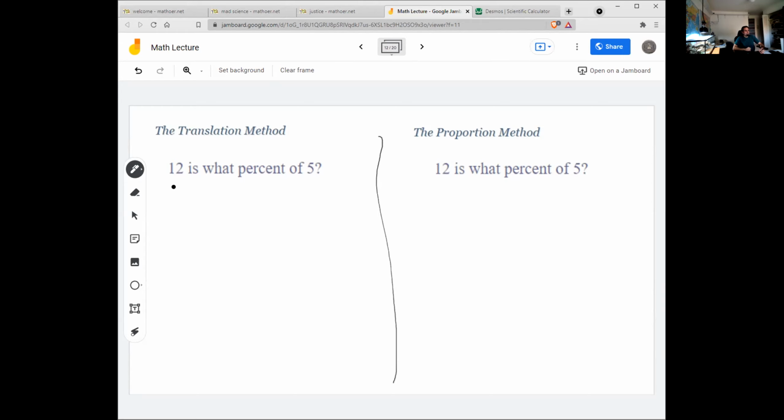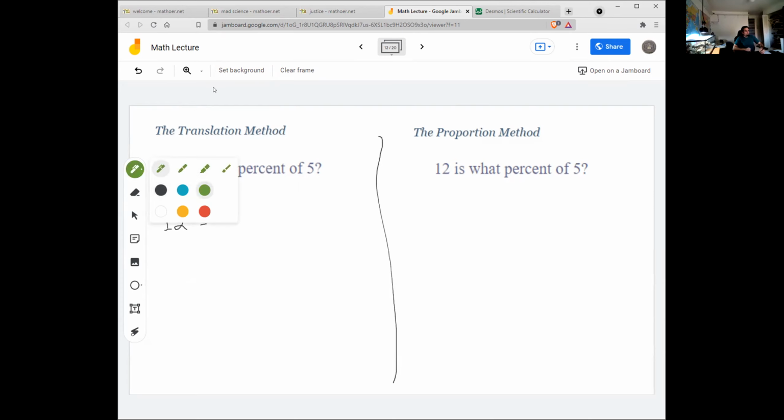It starts easy. The 12 doesn't do anything. It just stays 12. Sure, Rick, your hand is raised. Go ahead. So 12 translates into 12. Is translates into equals.